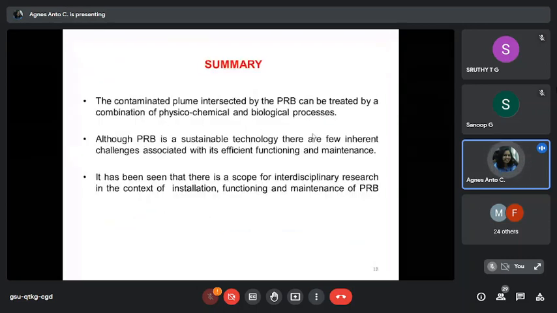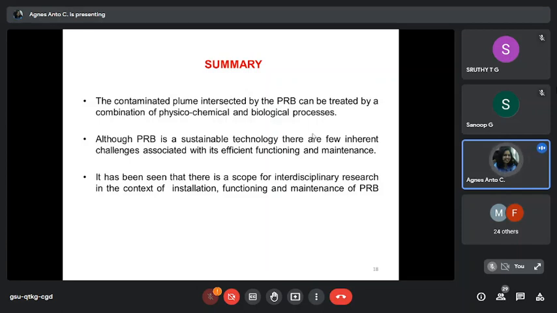Next, we are wrapping up the presentation. Summarizing the presentation, we have seen that PRB is definitely a good technique which you can use for decontaminating a contaminated plume by different mechanisms, which are physical, chemical, and biological in nature, and it can be a sustainable technology.